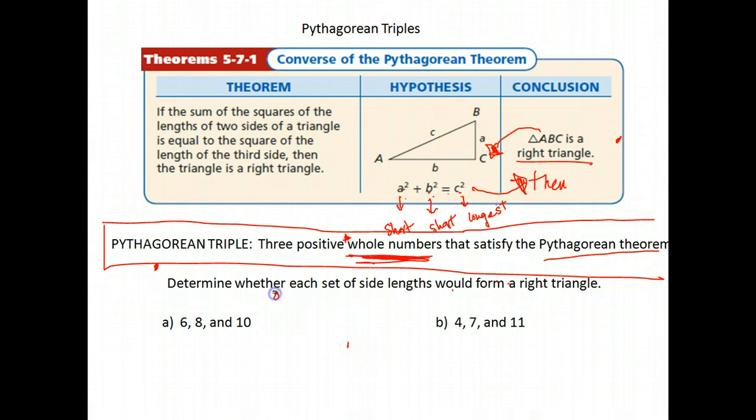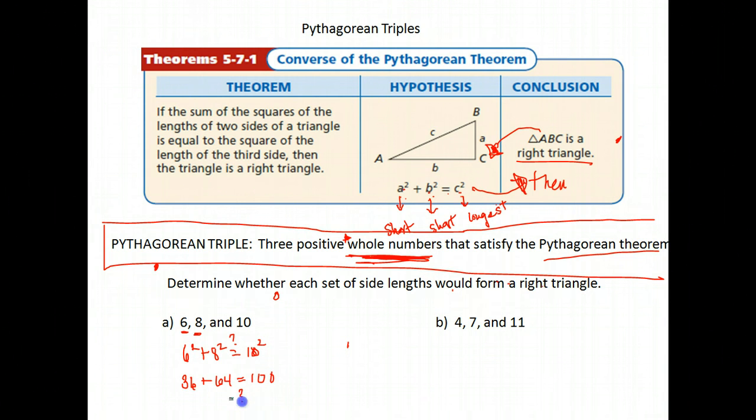Okay, so here we go. Determine whether each set of side lengths would form a right triangle or not. We're just going to check here. So when you're checking, what you want to do is find the two shortest or smallest ones, so in this case 6 and 8, square them, and check to see if they're equal to that largest one squared. So this is a question mark right now. 6 squared is 36, 8 squared is 64, and 10 squared is 100.